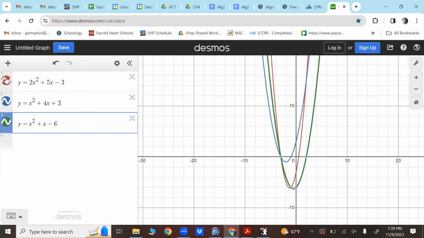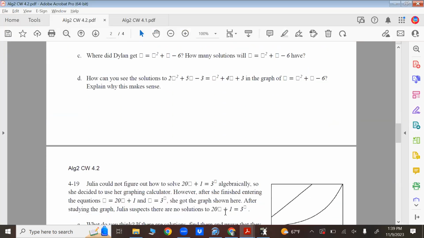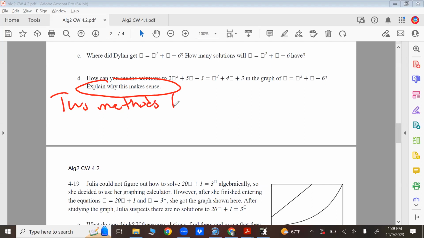The takeaway, you might want to add this to your notes. Big takeaway. Why does this make sense? You have two methods for solving graphically.